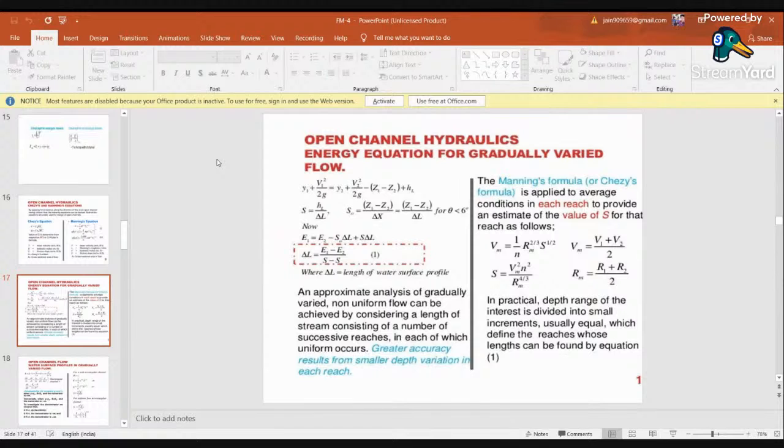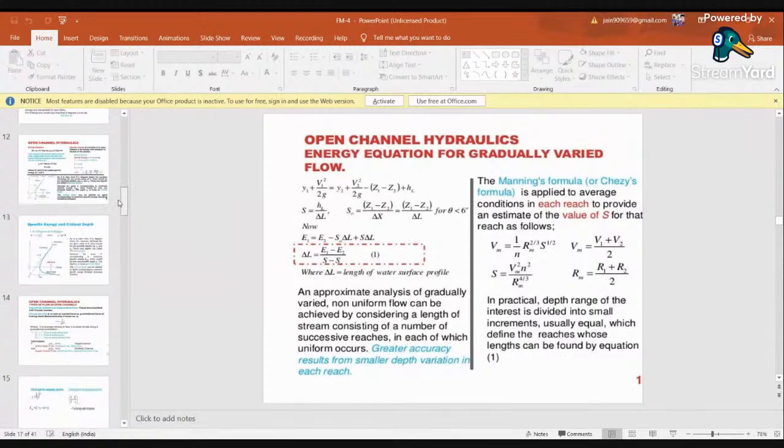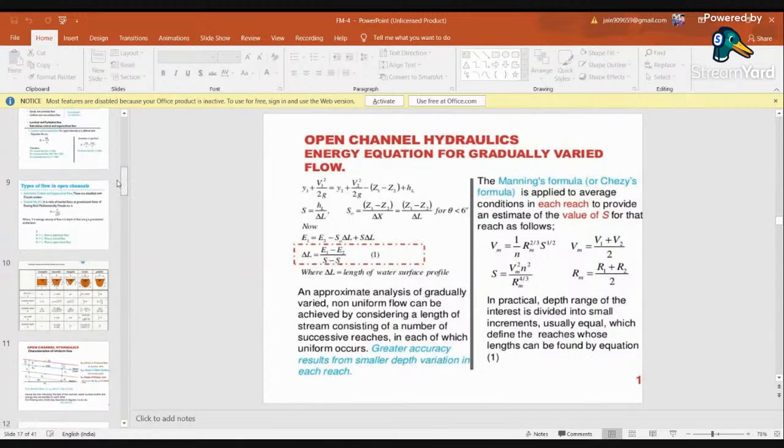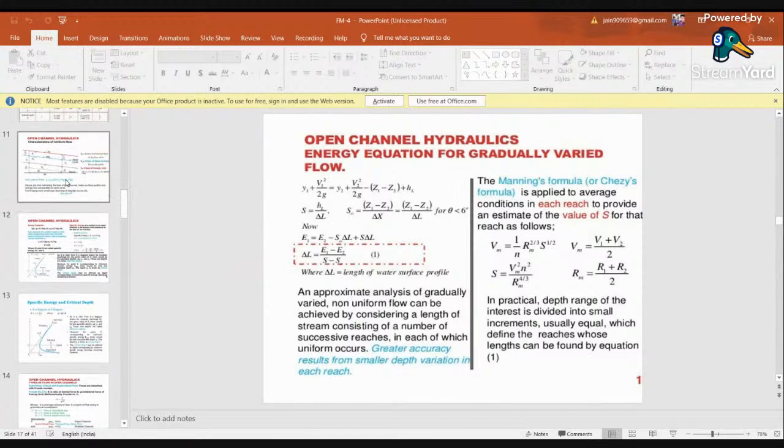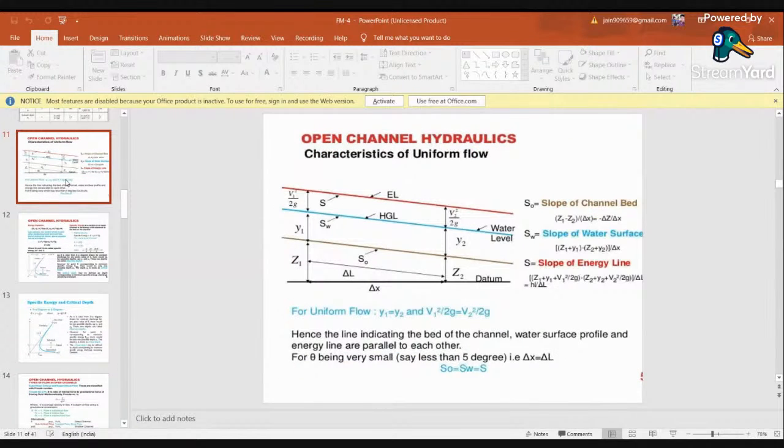Now here, when we saw the energy equation or the energy profile in this figure, we had taken S0 as the slope of channel bed, SW as the slope of water surface, and SF as the slope of energy line.